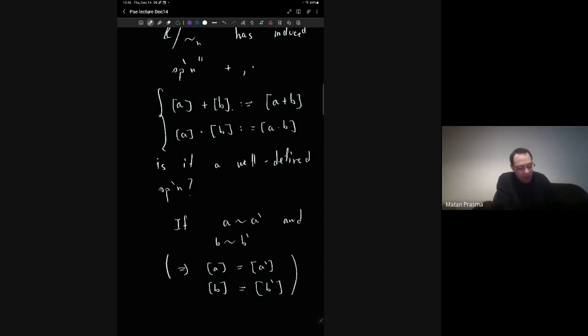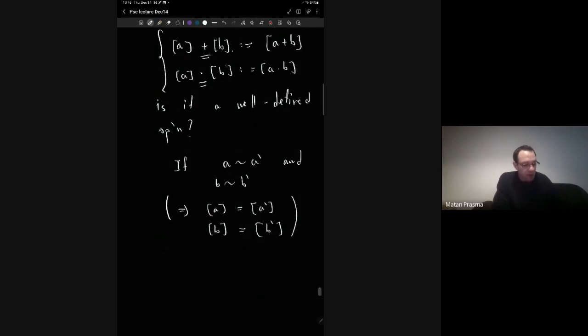If I have this situation, to have a well-defined operation of plus and multiplication, potentially I would have a collision, because I have A plus B, and this is what I defined as addition of two equivalence classes.